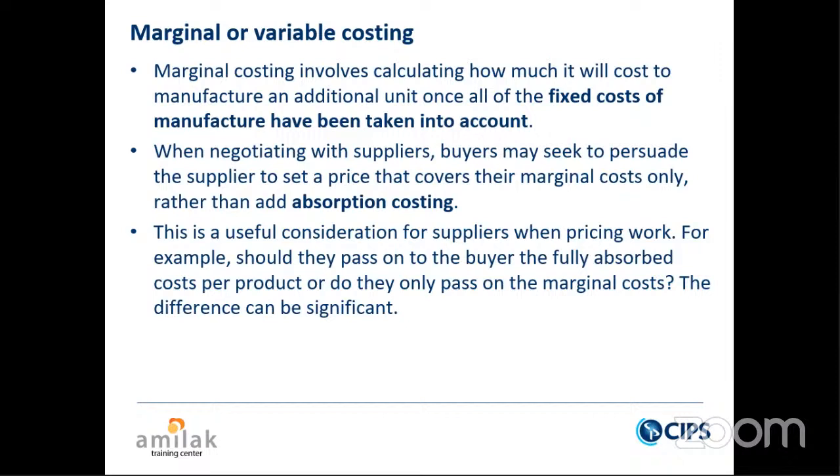They've all been burdened. I'm giving you extra business, so calculate the cost only based on the variable cost that you're going to incur as a result of the business that I'm giving you. Ladies and gentlemen, I hope you understand that, because as a buyer, you need to know whether your supplier is doing absorption costing or marginal costing.